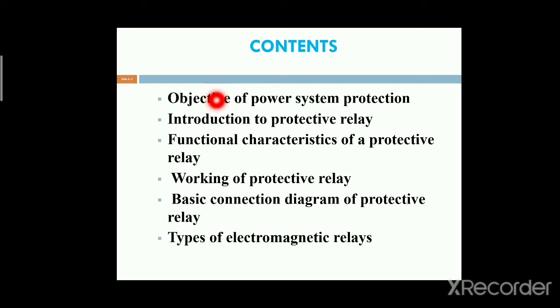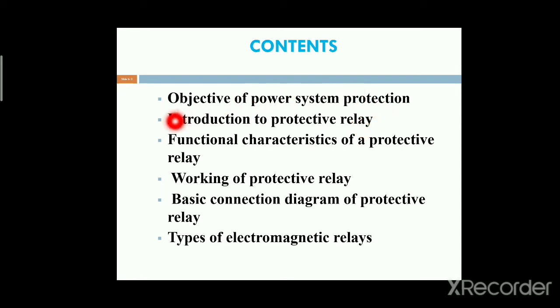Next, in this class, I will cover the following contents. The first is the objectives of power system protection. What are the objectives in the case of power system protection? Next is the introduction to the protective relay. What is meant by a protective relay, what is its function, and why do we use it?